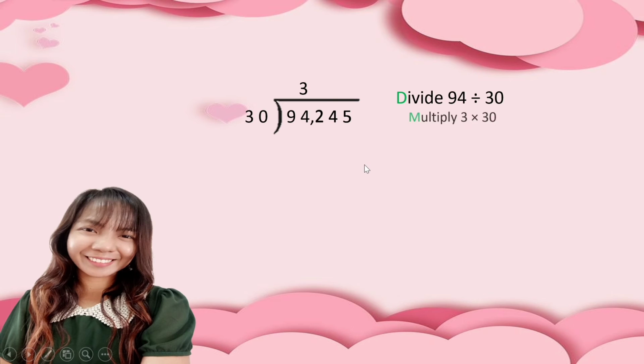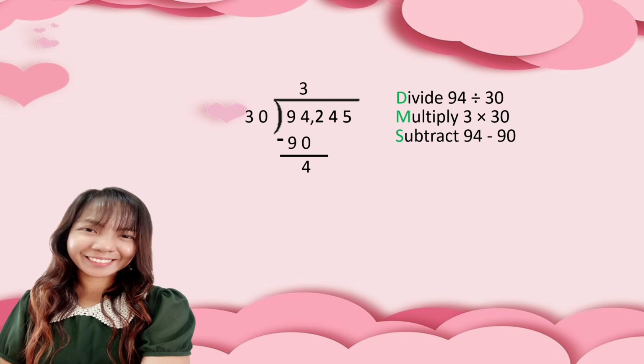So after you divide, multiply. 3 times 30. Can you solve it mentally? Okay, the answer is 90. Very good. And then after you multiply, subtract. 94 minus 90. So 4 minus 0, 4. 9 minus 9, 0.